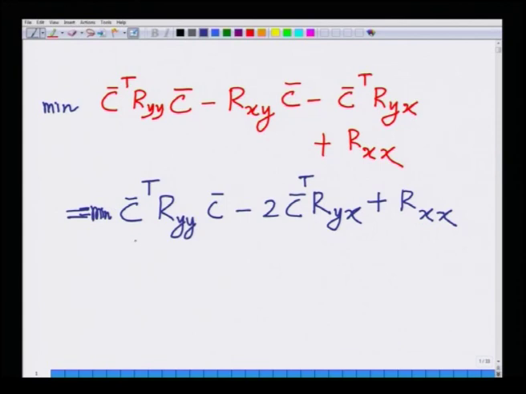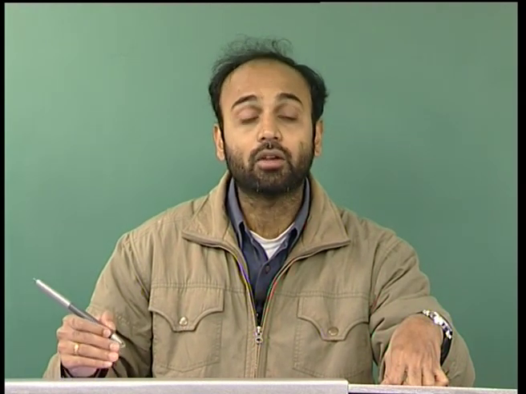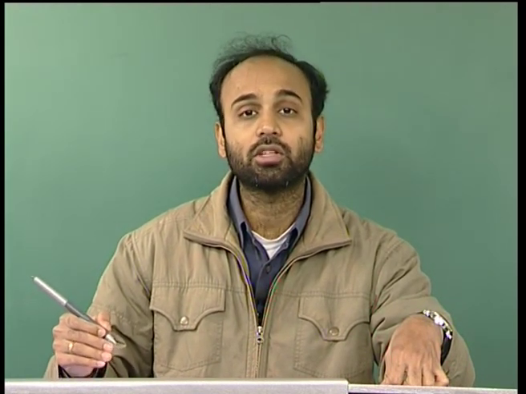This is my mean squared error. If you can see, this is clearly a function of the vector c, that is, the linear combiner that we want to use for the estimation of x.